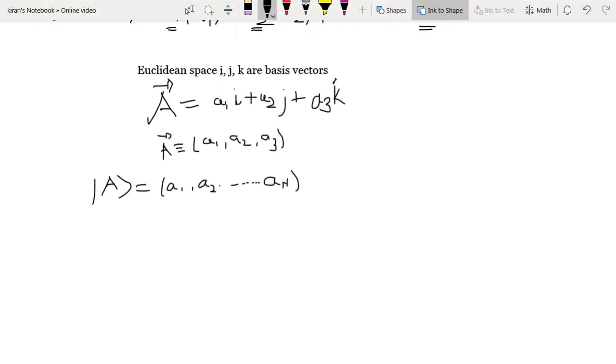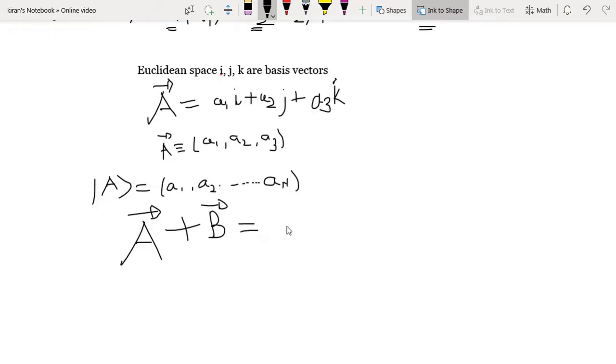Now this representation is very helpful. In our Euclidean space, if we want to add two vectors, let's say vector A plus vector B, what do we do?